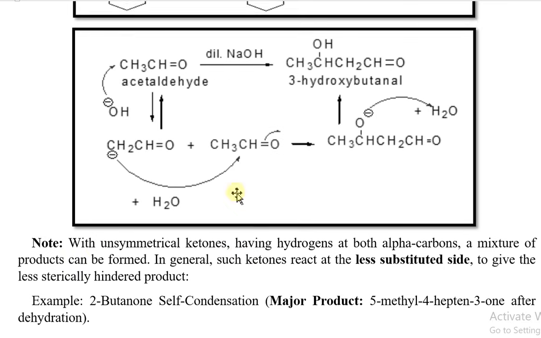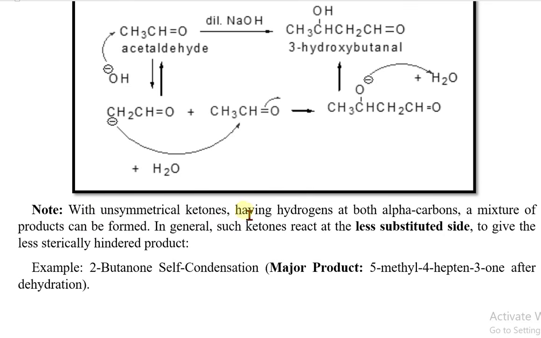With an unsymmetrical ketone having a hydrogen at both alpha carbons, a mixture of products can be formed. This is a problem for the aldol reaction. In general, such ketones react at the less substituted side to give the less sterically hindered product. This will be the major product.